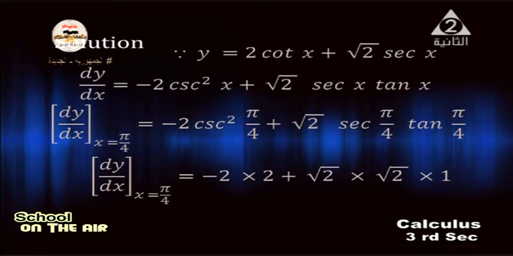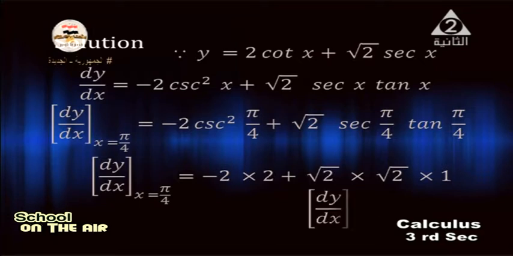Then dy/dx at x equals pi over 4, which is the slope of the tangent to the curve at x equals pi over 4, equals negative 2 multiply cosec squared pi over 4, which equals 2, plus square root of 2 times sec pi over 4, which equals square root of 2, multiply tan pi over 4, which equals 1.